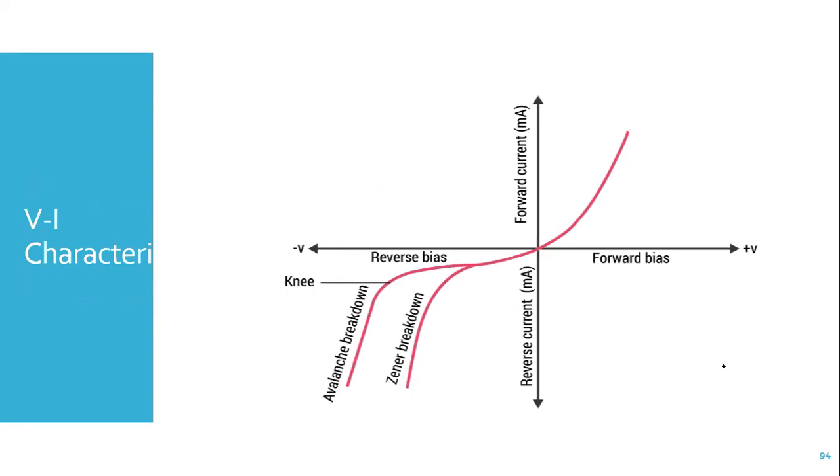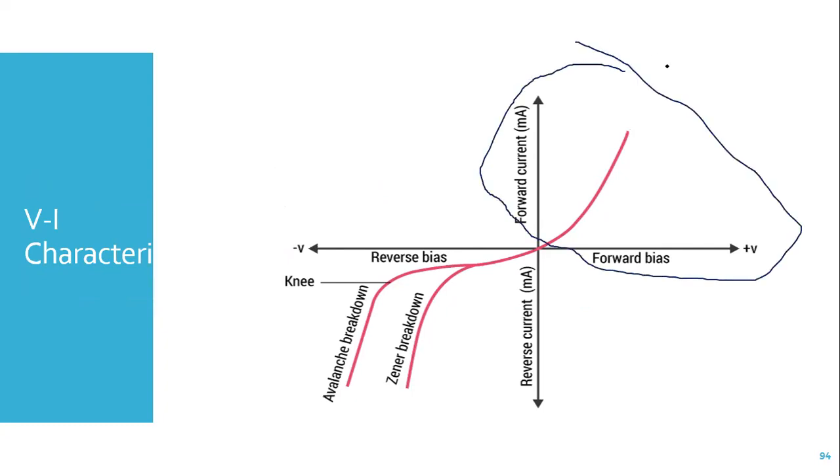So this is the VI characteristic you can see. If you note down your forward bias characteristic and compare it with the PN junction, it is the same.